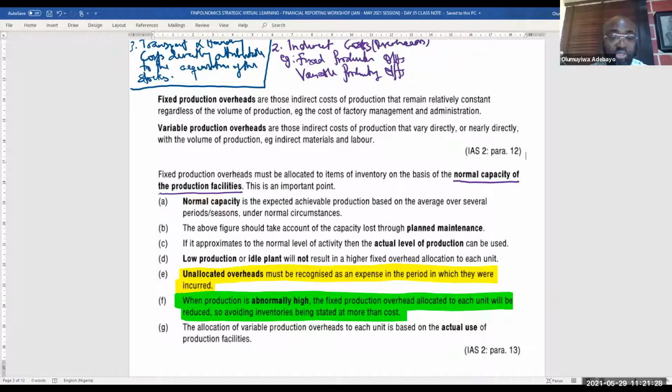What is the difference between the two? Who will assist us?